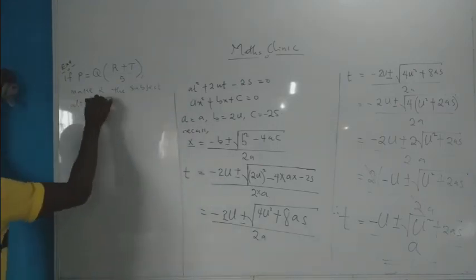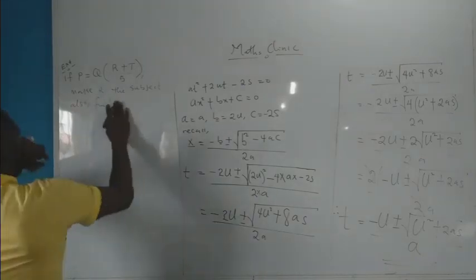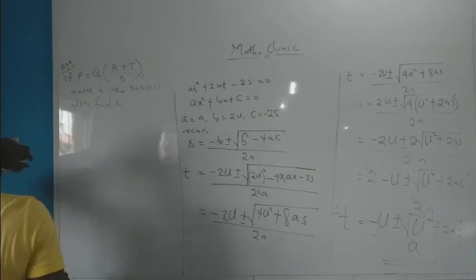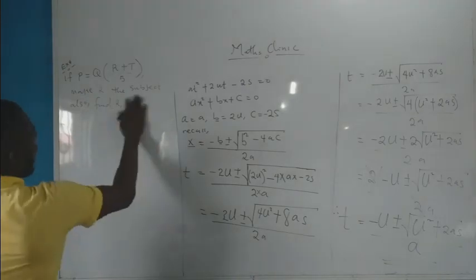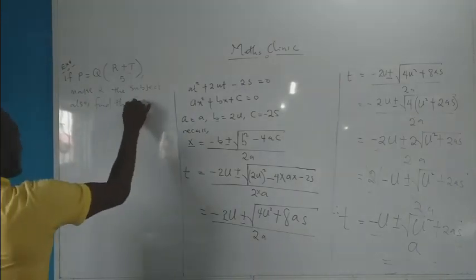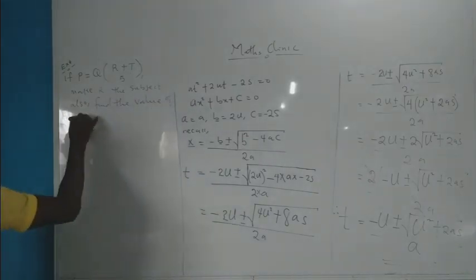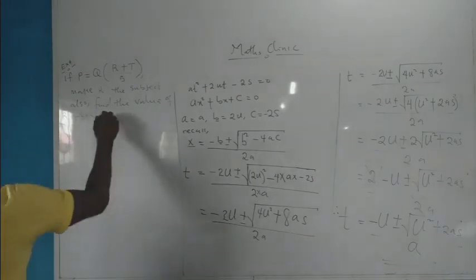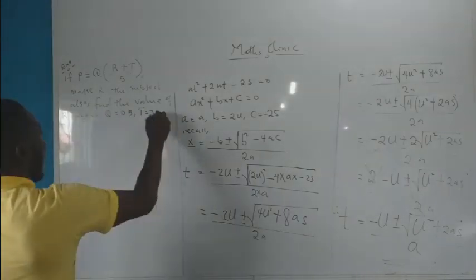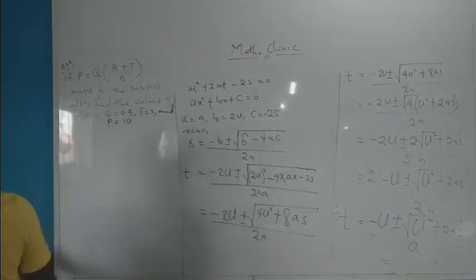Also, find the value of R when Q equals 0.5, T equals 2, and P is equal to 10.